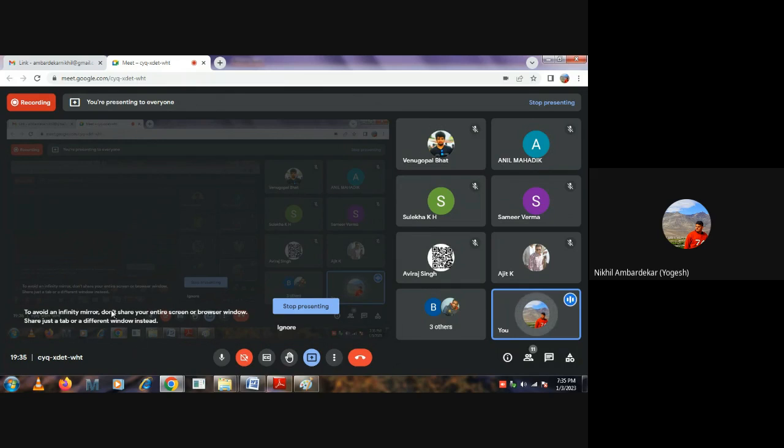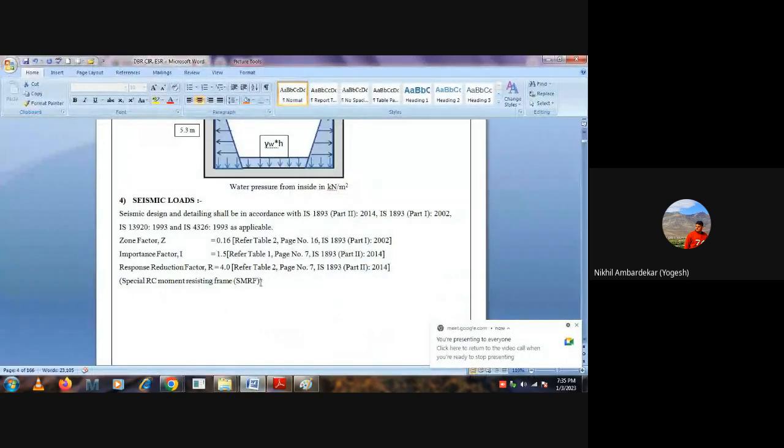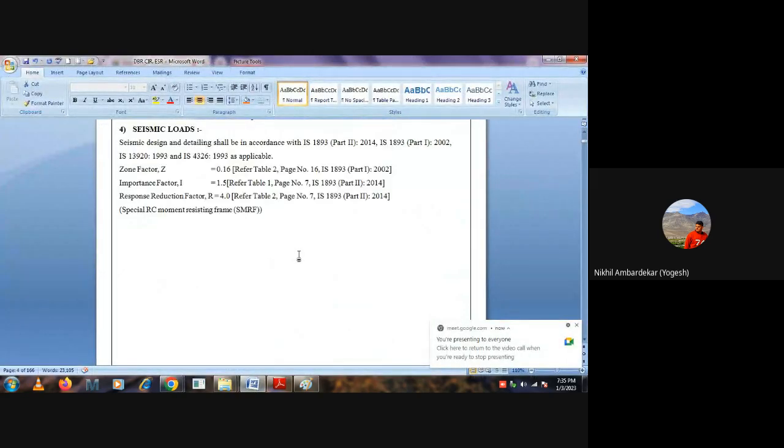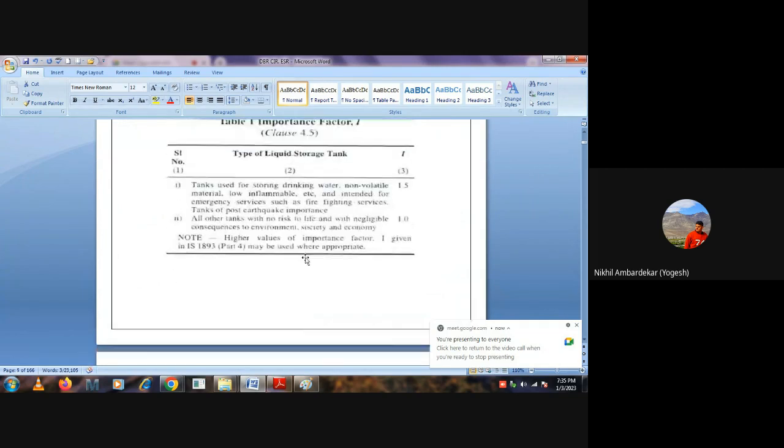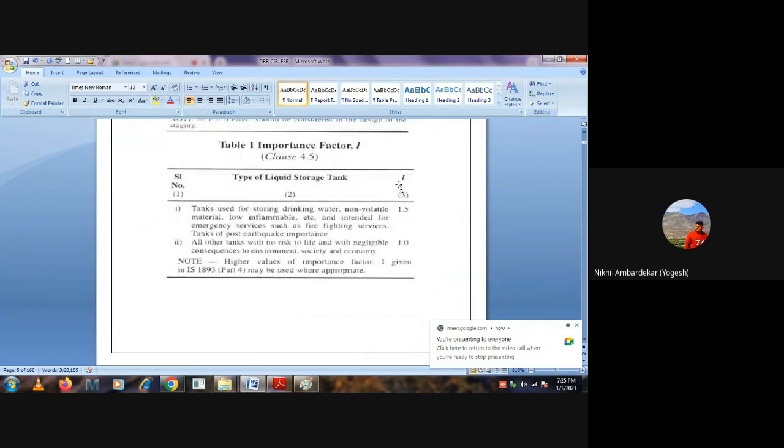IS code also gives some guidance in terms of different tables, like Table number 1 on page number 7. If I go back to this, you can see this is Table number 1, which gives a clear idea about the importance factor I. Can you just go through this?